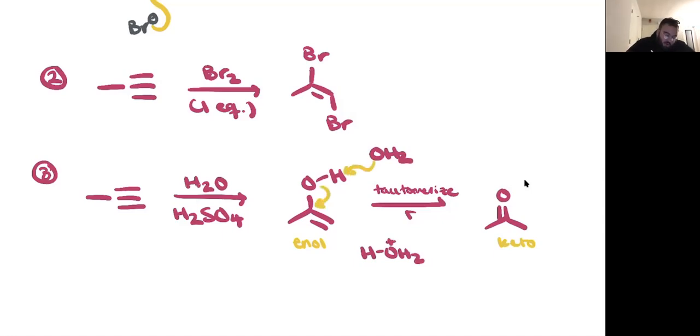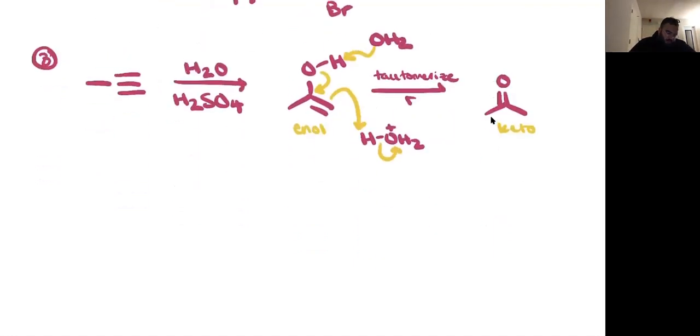You're going to form your carbon-oxygen double bond, and then you're going to get another proton over here. Notice that these two compounds actually are constitutional isomers of each other. Essentially, we're moving the hydrogens from one to the other. So, yeah, we're going to have that.